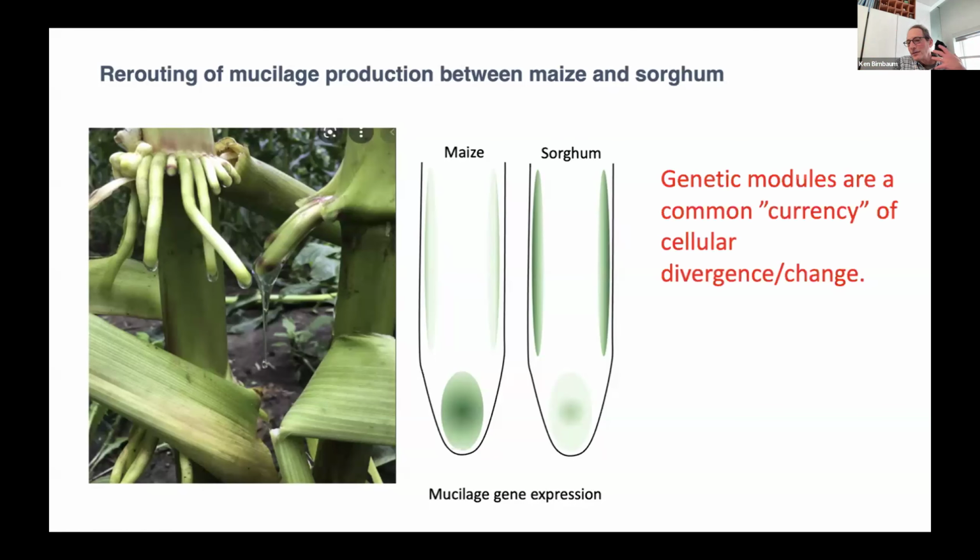And so I feel like maybe one way to contribute to this definition is that gene modules are the currency in which cells change. Of course, genes are important, but maybe we can go a level up and look at this modular level.